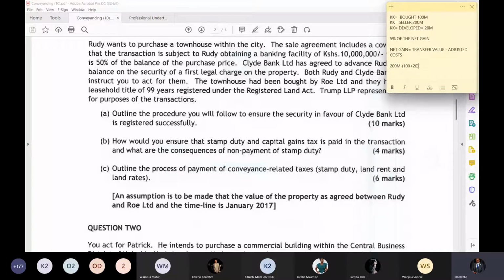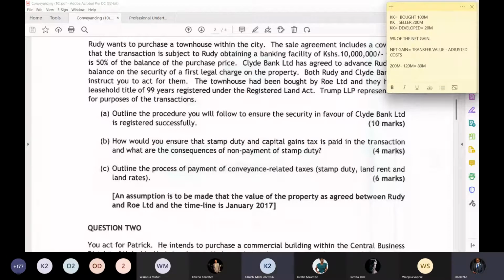You bought it for 100, developed it for 20. So the adjusted cost is just 120 million. So you're taking the 200 million minus the 120 million. What do you get? 80 million. 80 million is the net gain.